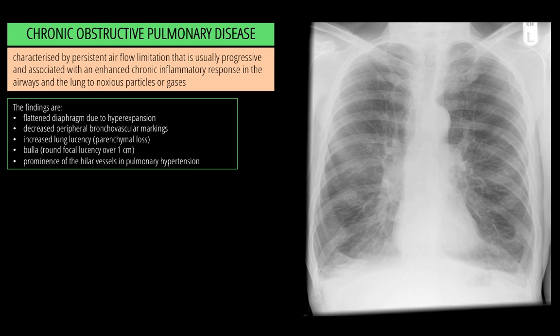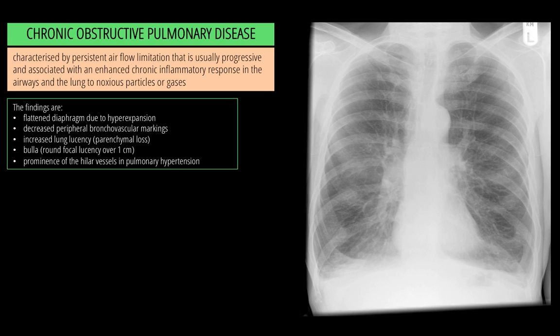As discussed in my lightboard video, hyperexpansion of the lungs will usually result in a lowering or flattening of the hemidiaphragms. In addition, if we're counting the ribs, ribs 8 and below, so 8 to 12, will usually intersect the diaphragm. The cardiothoracic ratio is also going to be altered. Furthermore, we can see the prominence of the hilar vessels in pulmonary hypertension.